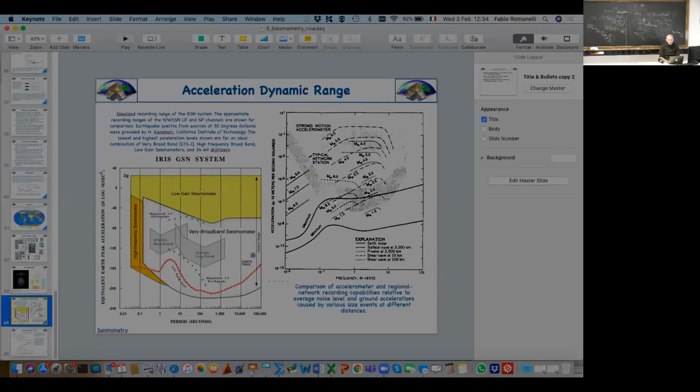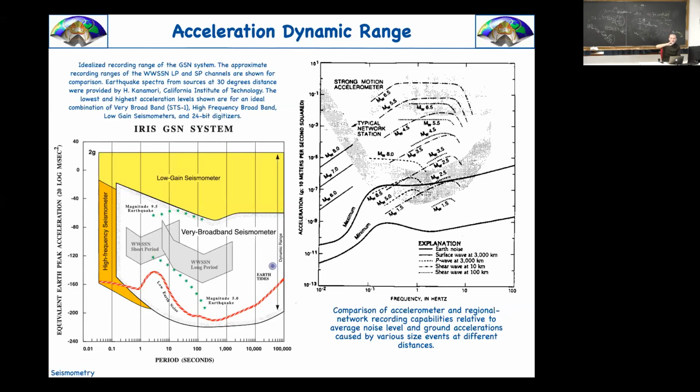The second one, and it's the last one, but it is a bridge for the next lecture, is that we would like to have a measure telling us, okay, we have the amplitude of the motion of the ground, but we would like also to associate it with a measure of the energy of an earthquake.